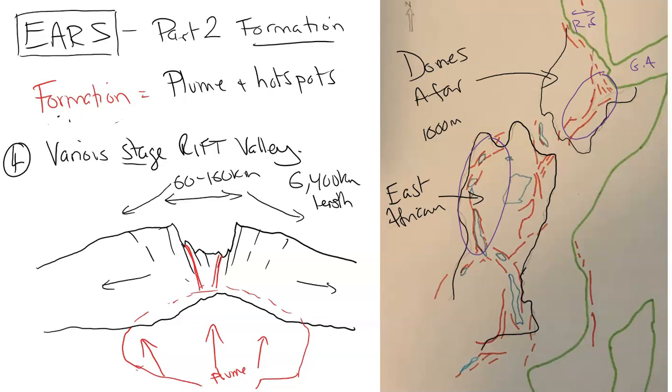There's areas where obviously, with decompression melting, you get a lot of extrusive igneous, voluminous magma and lava coming up through and filling these brand new rift valleys with very thick lava. And pretty much the eastern side is a lot of lava deposited on the surface, whereas the western bank is not as much. But we'll get onto that in the future.